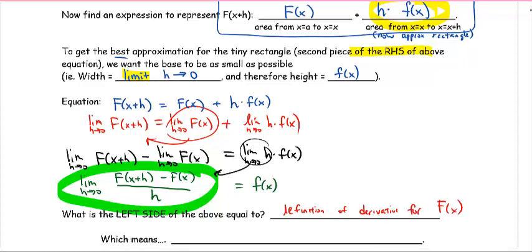So if I take the derivative of capital F of x, I get the original function f of x, which of course means that the derivative of capital F of x is equal to little f of x.